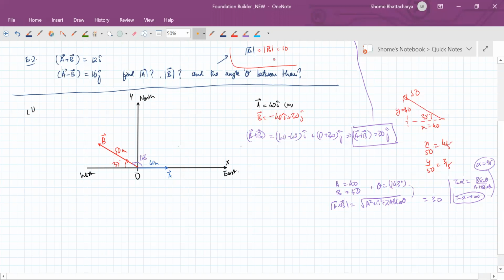Okay, and you should be getting the angle between them to be 106 degrees.